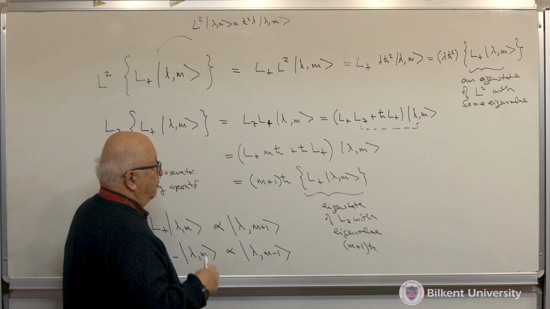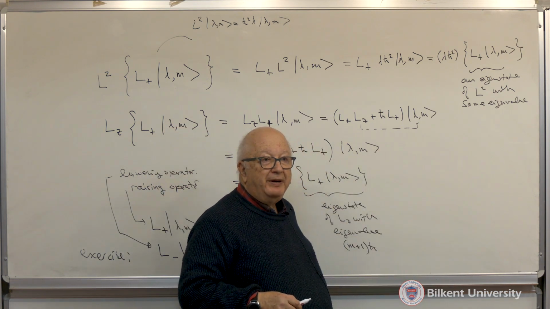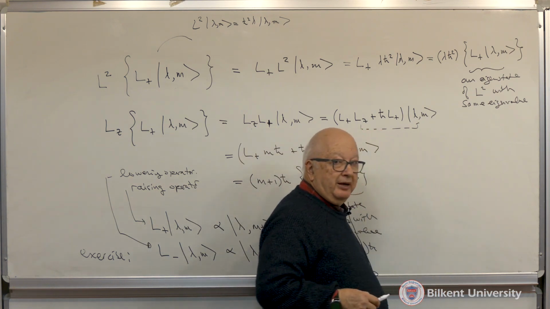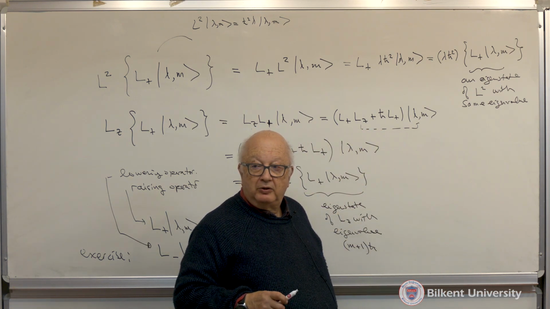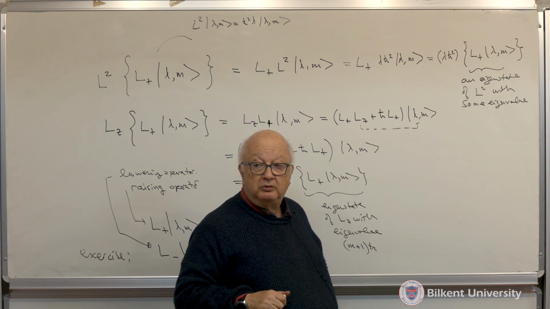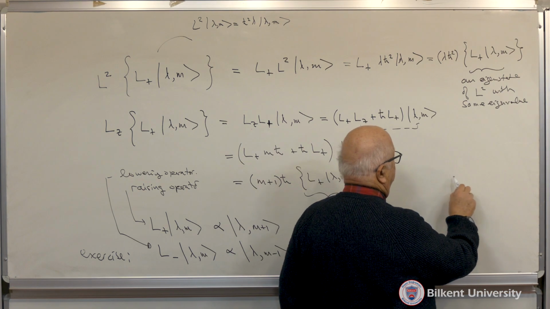So what have we found? Let me summarize the spectrum over here, for any value of lambda. A student asks: since L square must be greater than Lz square, can this raising or lowering destroy the state as well? Yes, so let's look at the structure first.